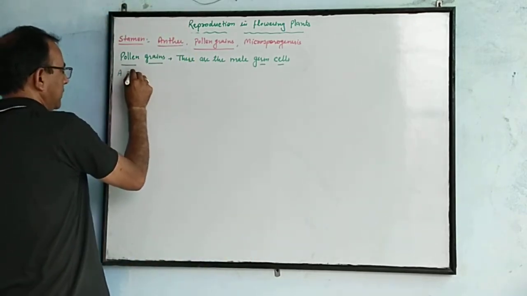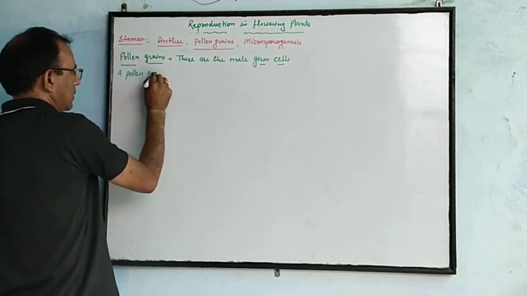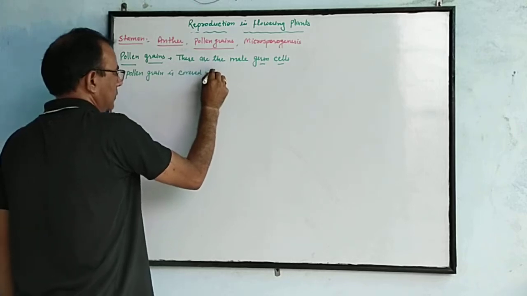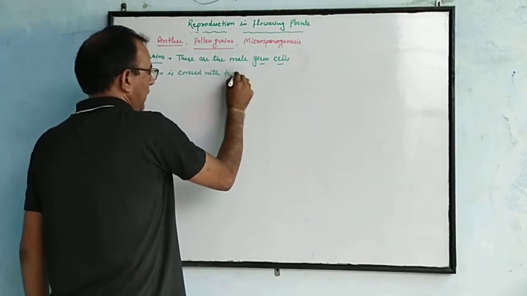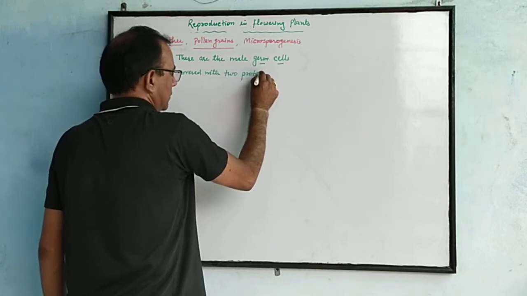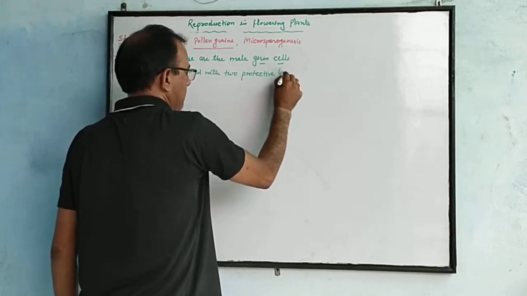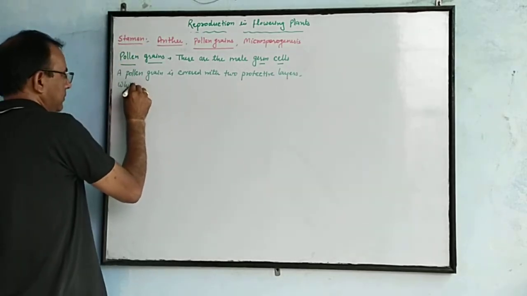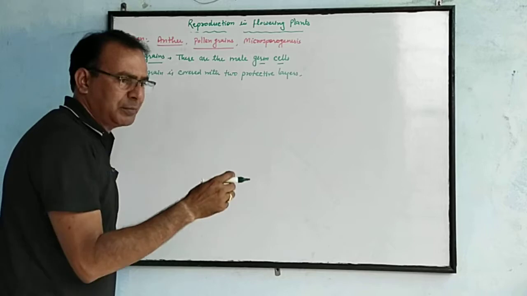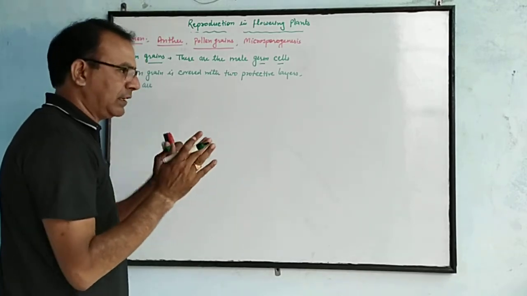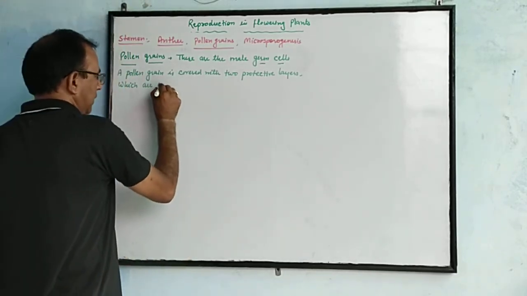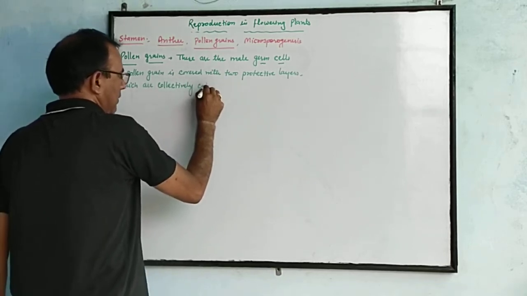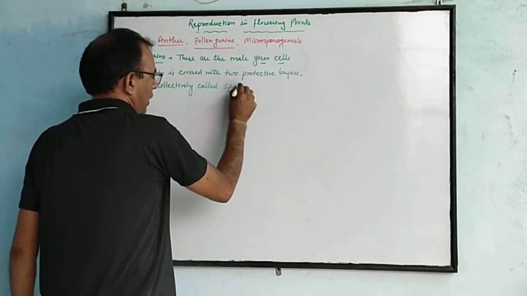A pollen grain is covered with two protective layers, which are collectively called sporoderm, meaning the outer and inner layers together are called sporoderm.